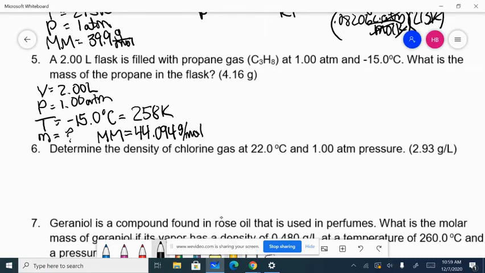Or you can say that density is equal to molar mass times P over RT. And we can go on further because density is actually equal to mass over volume.